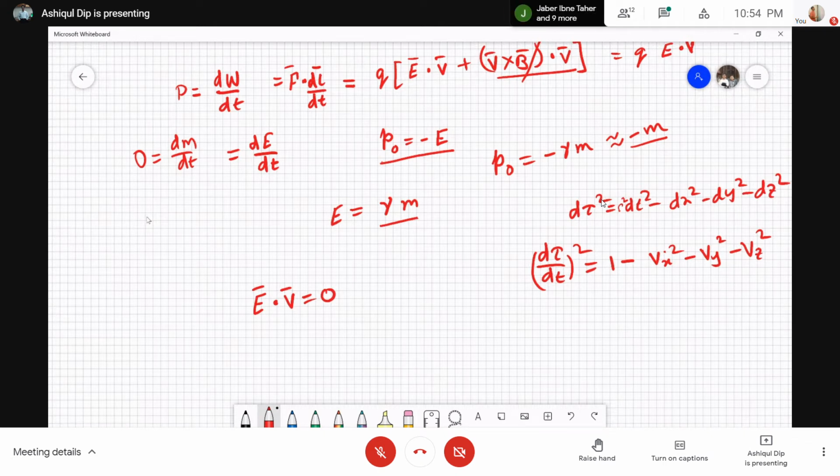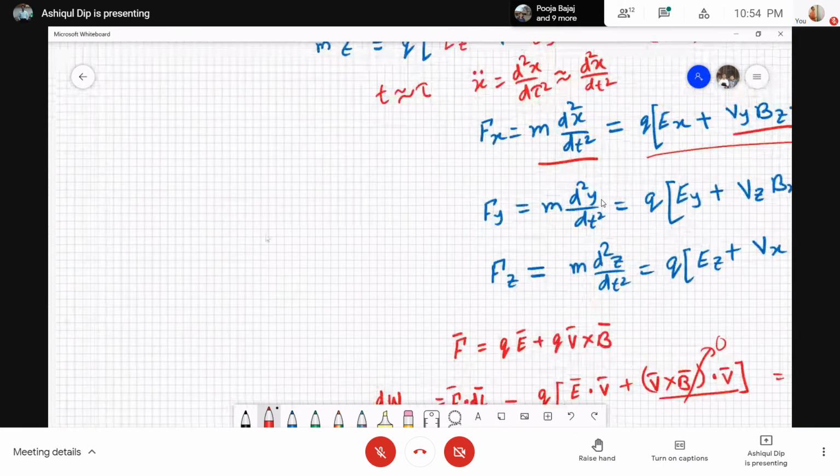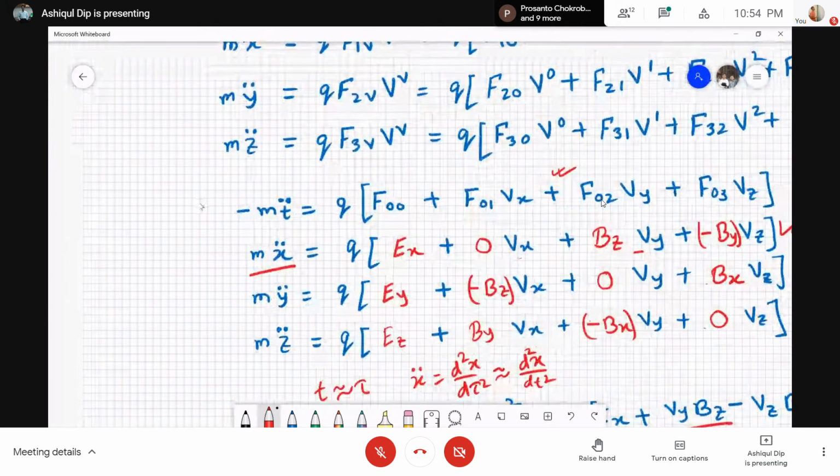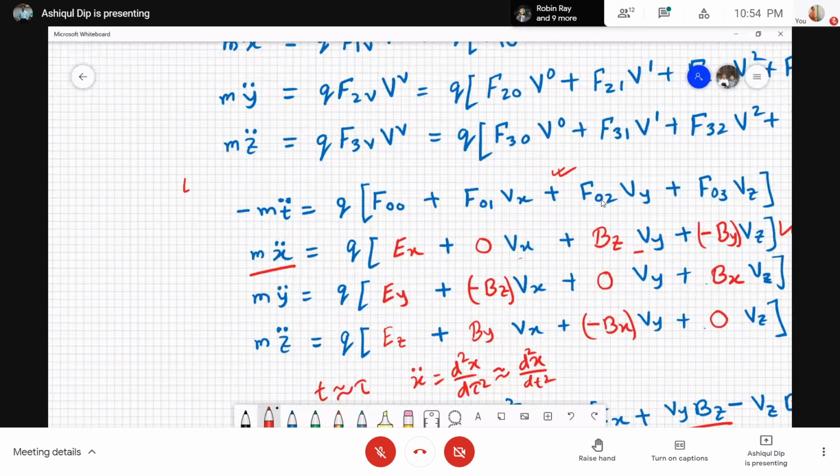Okay. And on the other hand, here we had m t double dot. So when we are considering that same kind of thing, that t equals to tau, this part is 0 again, right? But in general, it's not.